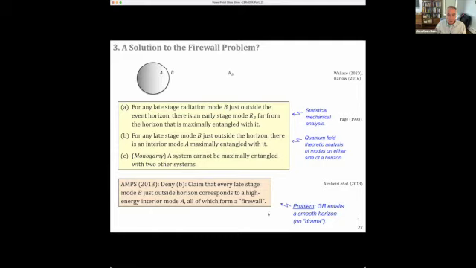Now this generates what's called the firewall problem because according to general relativity, nothing should happen if an observer goes through the event horizon of a black hole. There's no drama, quote unquote, right? It's a smooth transition from the exterior region to the interior region.